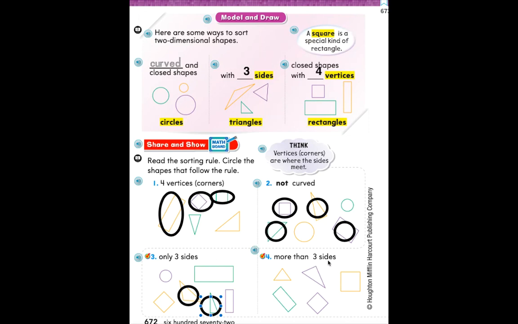More than three sides: the shapes with more than three sides are squares and rectangles. A triangle has three sides. Squares and rectangles have four sides, so that is more than three sides. Let's circle the rectangles and squares.